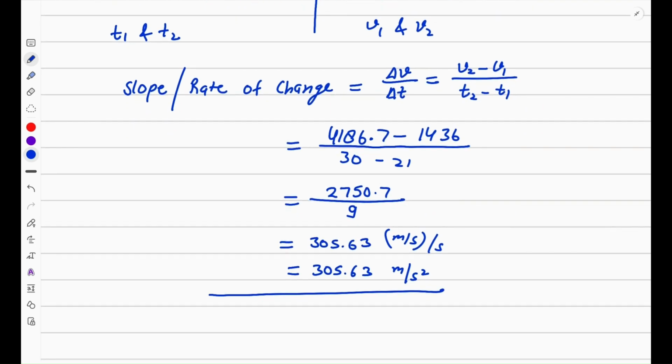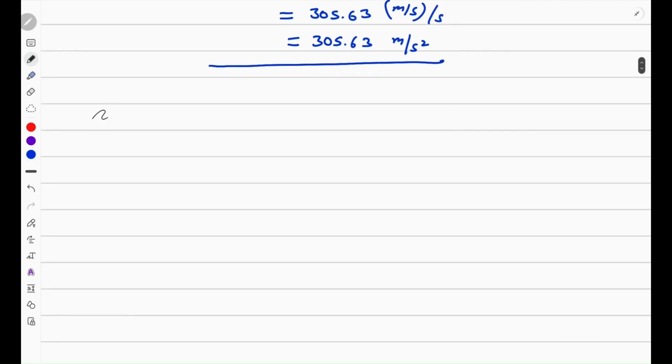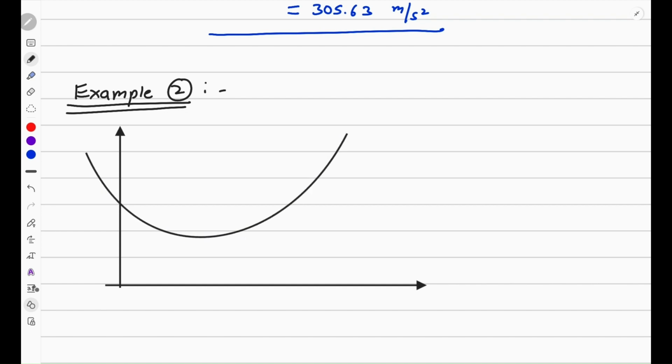We can take another example. Here we are given a curve on which we have a point at which we have a tangent.